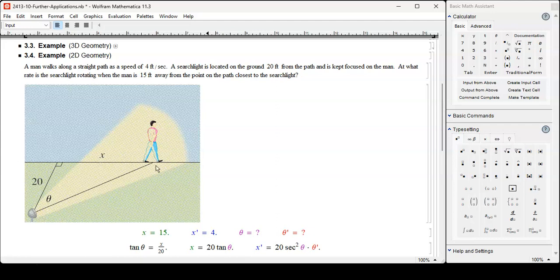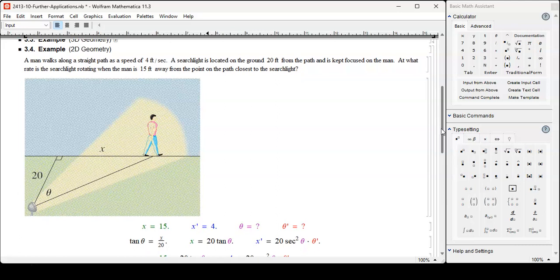So we have this geometry, this right triangle here. So we have tangent of theta is x over 20. That's a relation. And then taking the rates, we get the second equation. The rates are related like this. So that's a related rate equation. And then x is 15, x prime is 4.